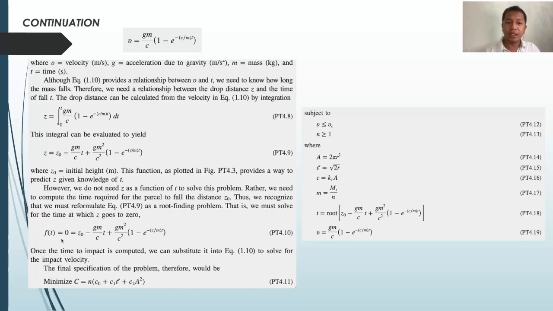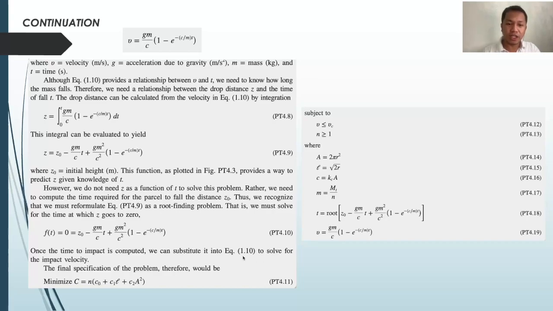So the function of time, when z is equal to 0, is z naught minus gm over c times t plus gm squared over c squared quantity 1 minus e to the power of negative c over m times t. Once the time to impact is computed, we can substitute it into our first equation to solve for the impact velocity.